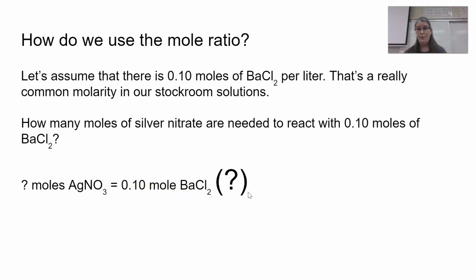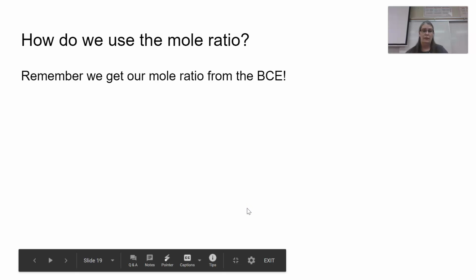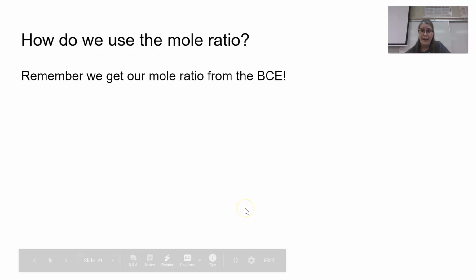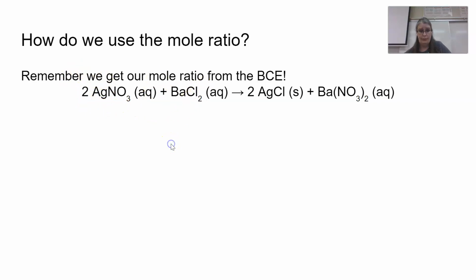Then I set up my conversion factor, or my railroad tracks. Remember, we get that conversion factor, that ratio, right out of the balanced chemical equation. It's 2 moles to 1 mole.